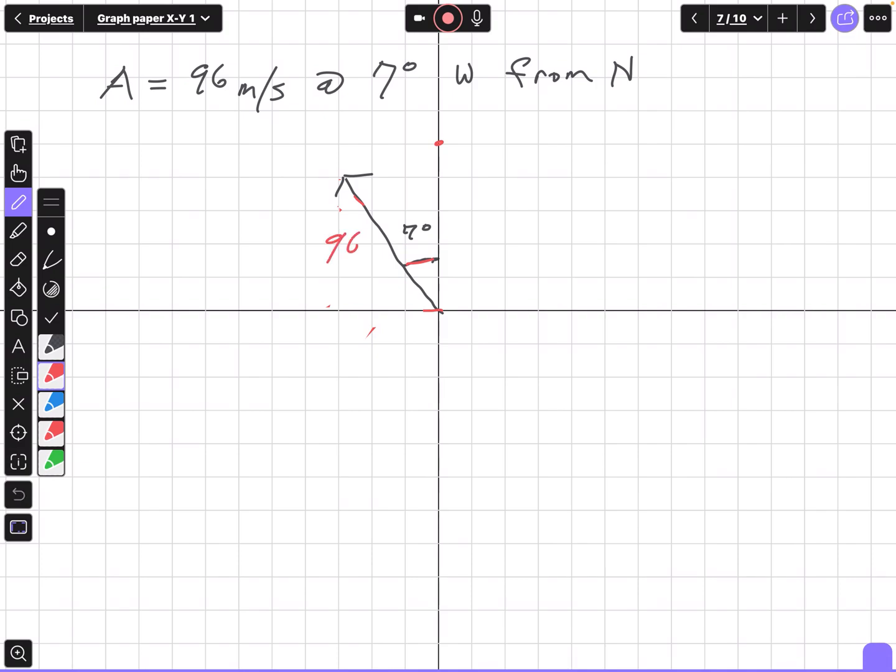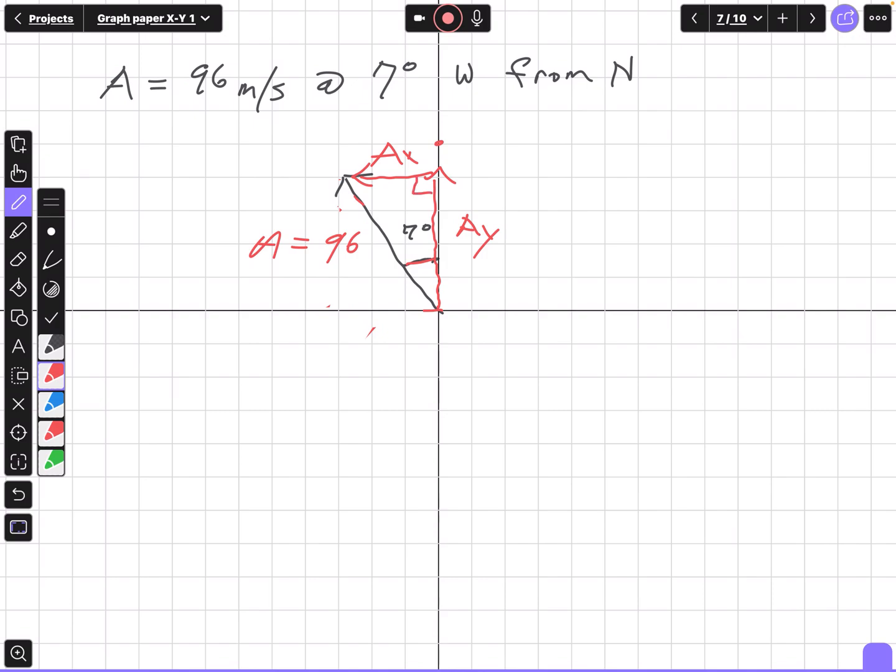I need to label this. That would be my AY, that would be my AX, and that makes a right triangle.